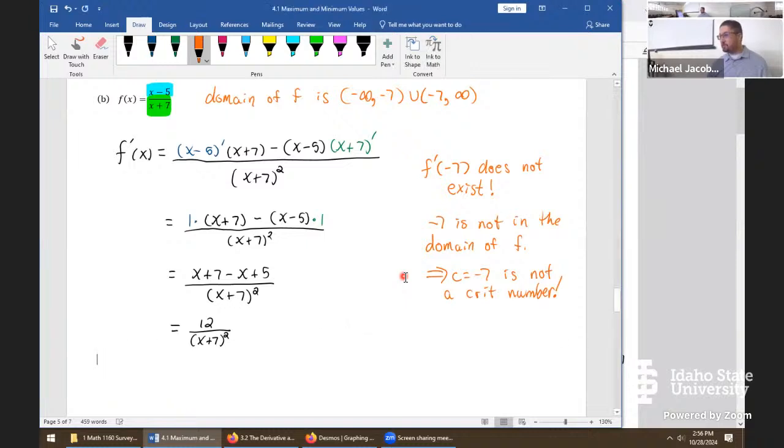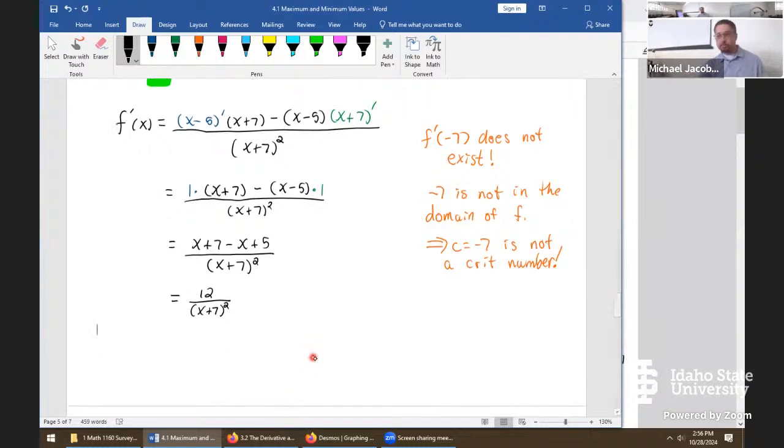Okay, so last step on this problem, we need to find out where this derivative, so following the equalities, all of this is f prime of x, we need to know when is that 0. So last thing we do on these notes is we write f prime of x equals 0. This implies that 12 over x plus 7 squared equals 0.